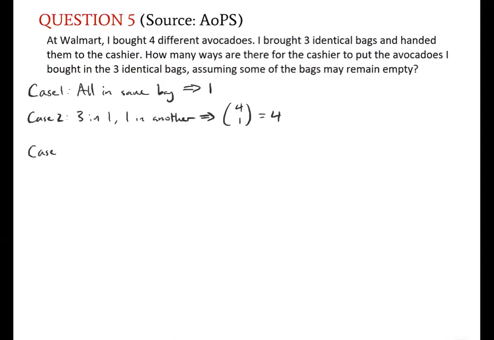And for case 3, you have 2 in one bag and then 2 in another. And to do this, you want to choose which avocados go in the first bag, and that's 4 choose 2. And then you have to divide it by 2 to correct for overcounting.